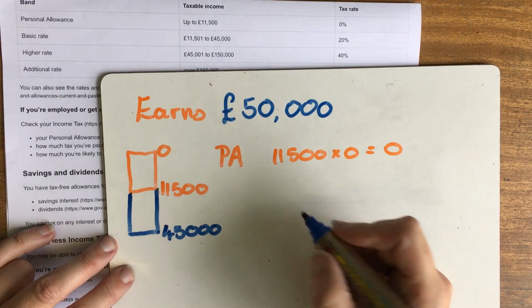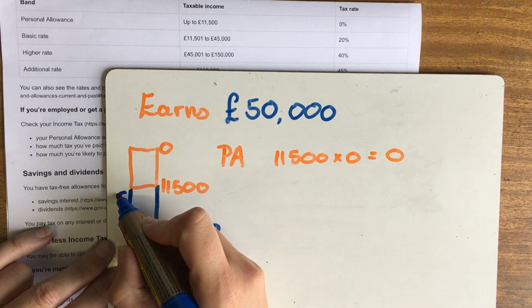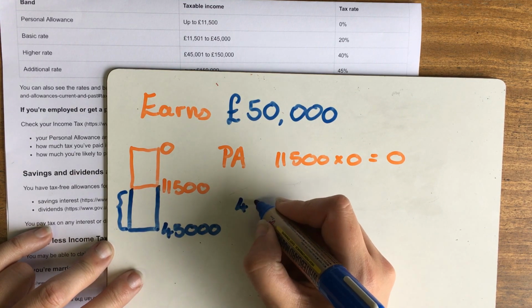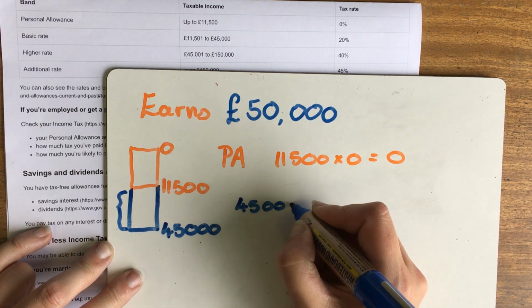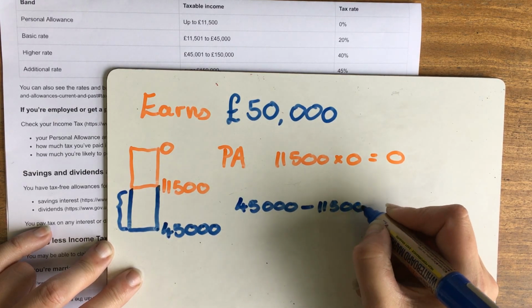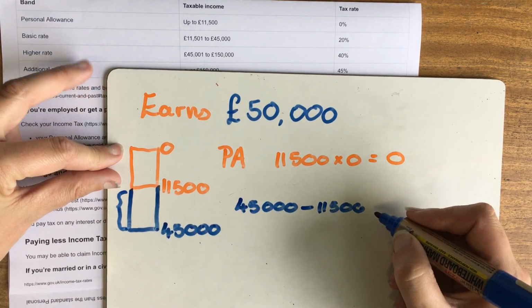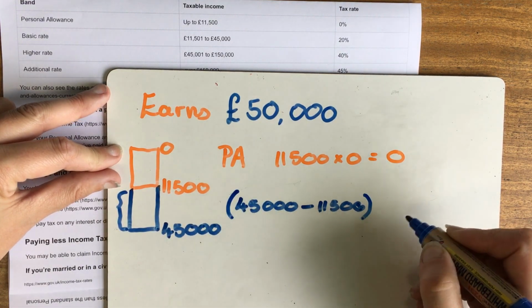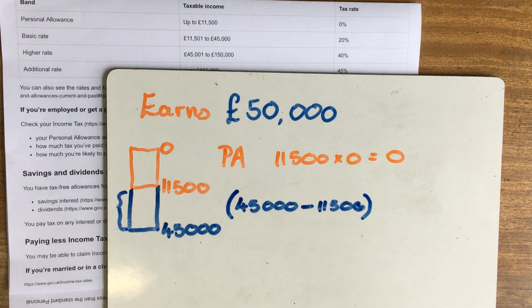For that, we're going to need to work out how big that bit is. We've got 45,000, and we are taking away the 11,500 because we've already accounted for that. That's going to tell us how much money we actually pay basic rate on.